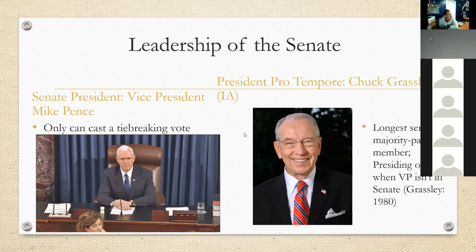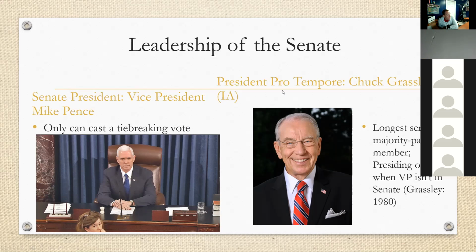We're going to need his vote to break the tie. So the vice president cannot participate in debates. Even though he's the president of the Senate, the only thing he can do is cast a tie-breaking vote. So he does not spend hardly any time at the Senate unless they're opening the session or they need him to cast a tie-breaking vote.